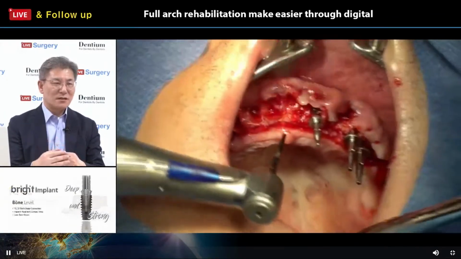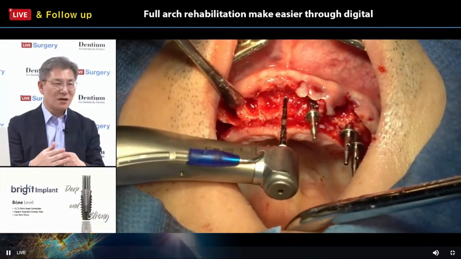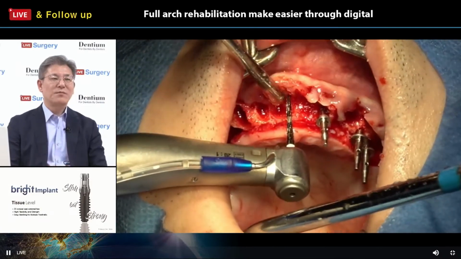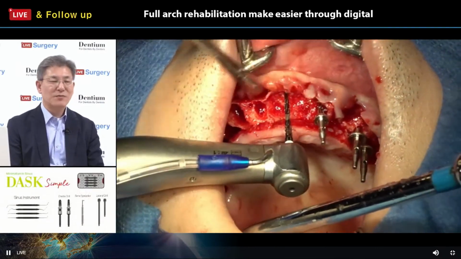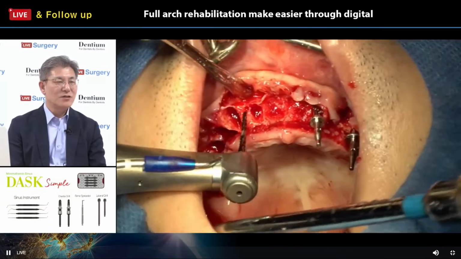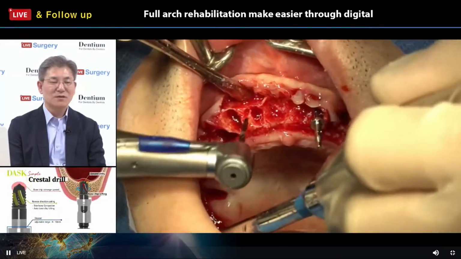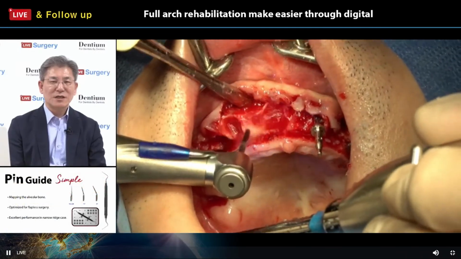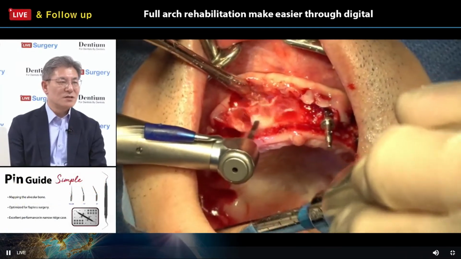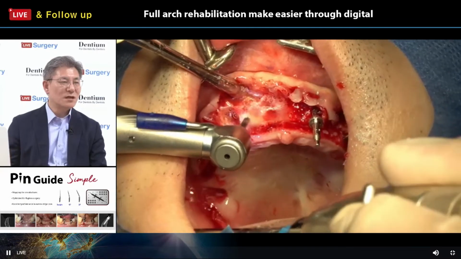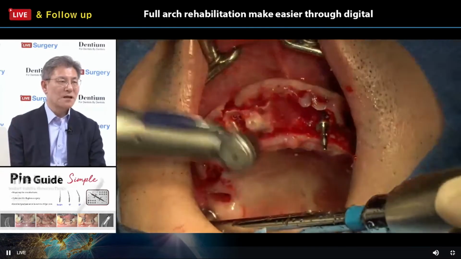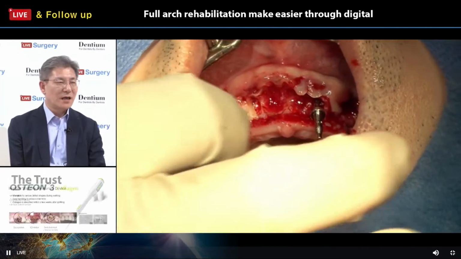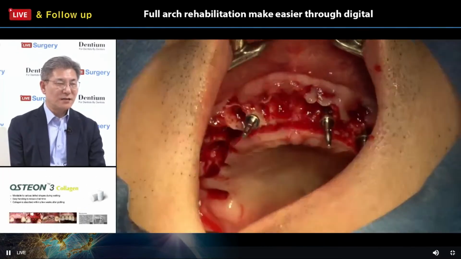So the aggressive and subtle removal of all the periodontal granulation tissue and pathogens using the round bar is a very important procedure before the implantation and the implant procedure.